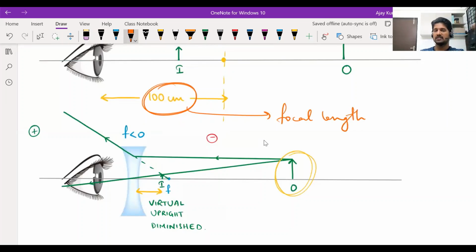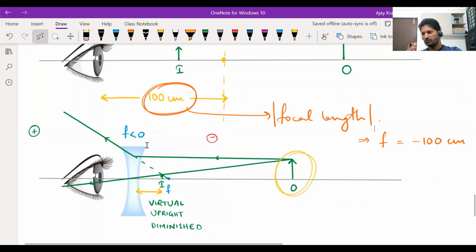And because it's a diverging lens, the focal length is negative. That means f should be equal to minus 100 centimeters. That 100 is the magnitude of the focal length. Any object beyond that, its image will form within this distance. Is this clear to all of you?